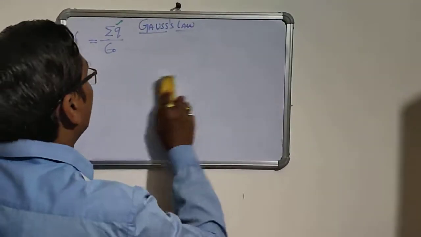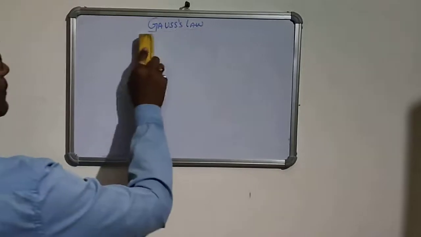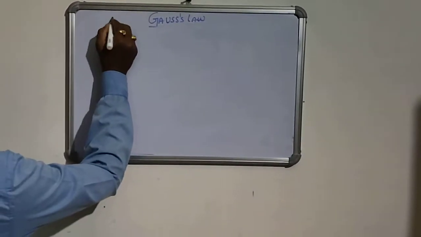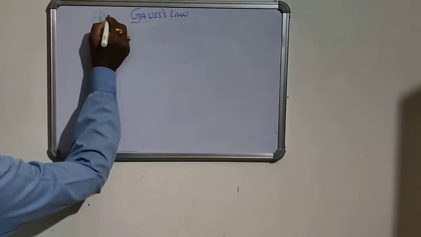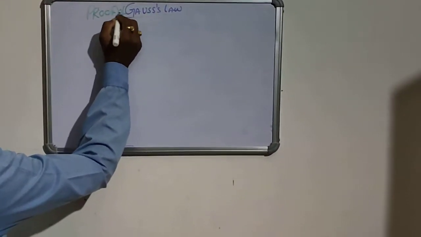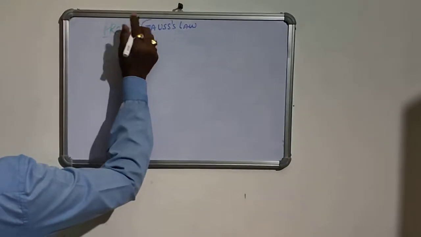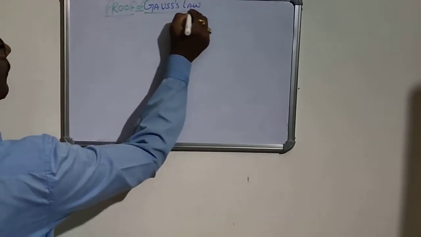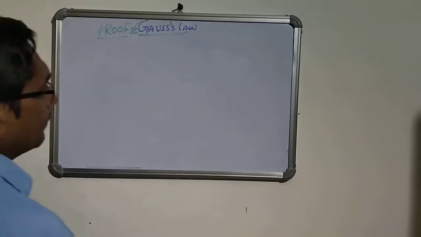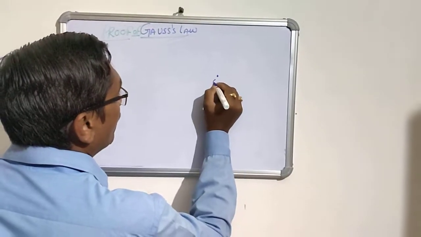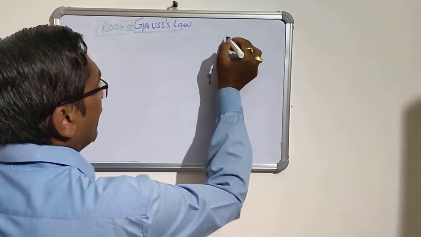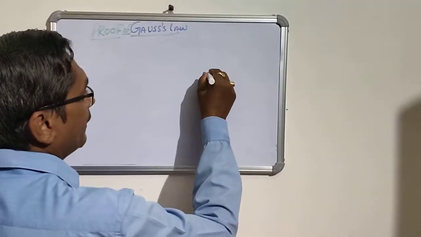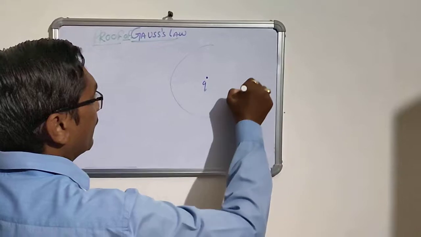Now we discuss the proof of Gauss law. Suppose here is a point charge Q, and we consider it as the center and draw a closed sphere.